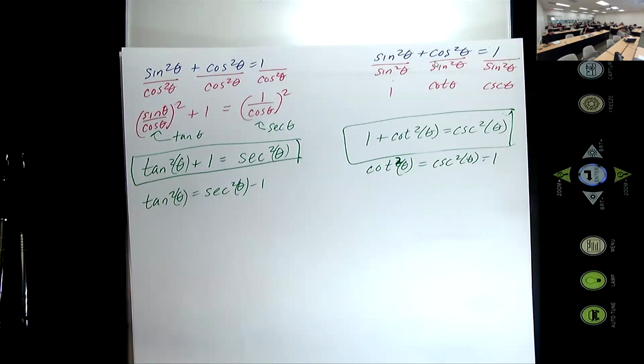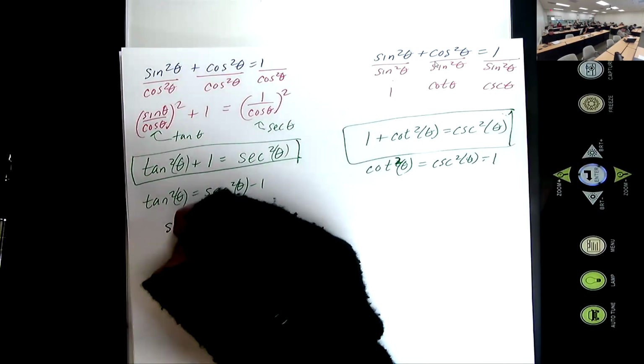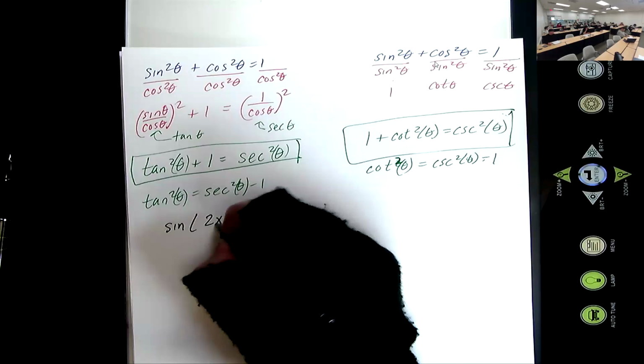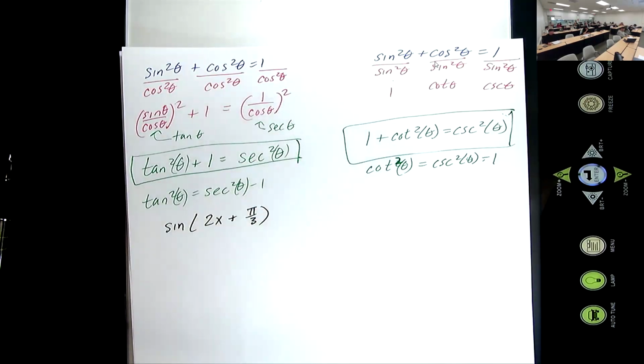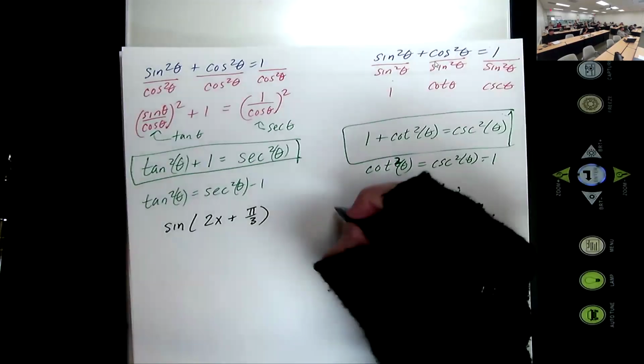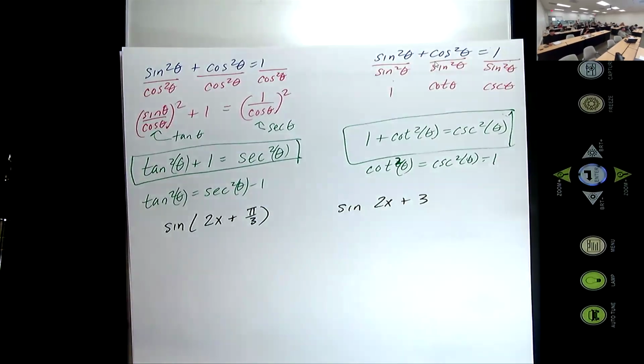We'll see stuff like sine of 2x plus pi over 3. But if you don't have the parentheses, what's part of sine and what isn't?